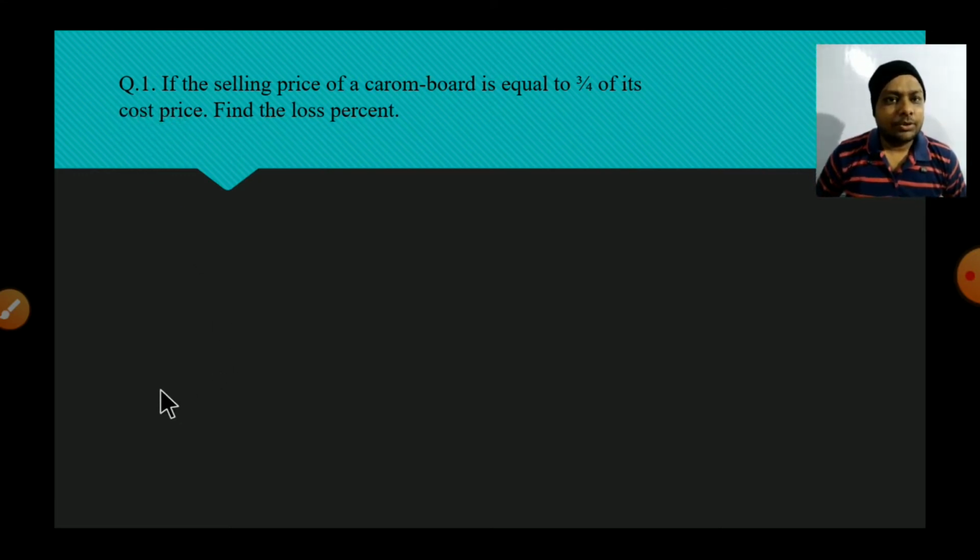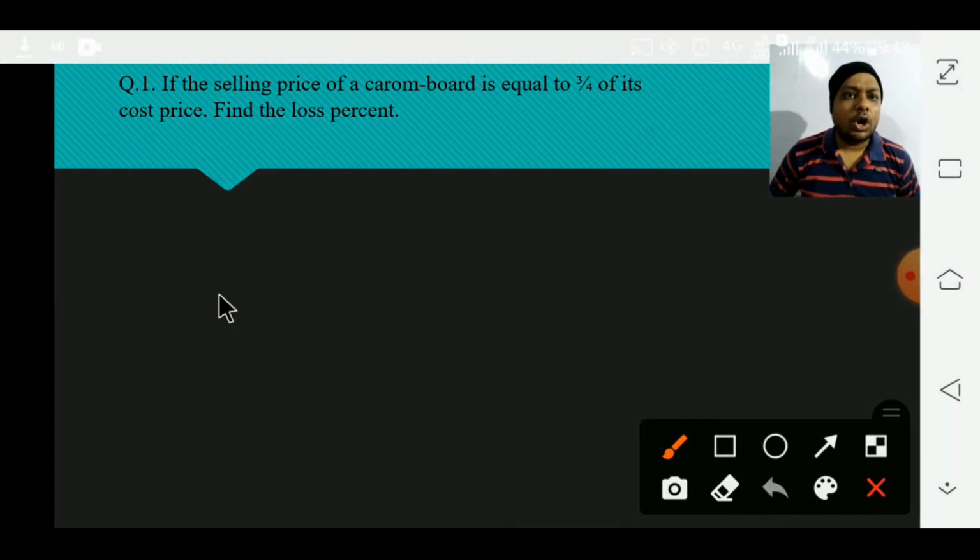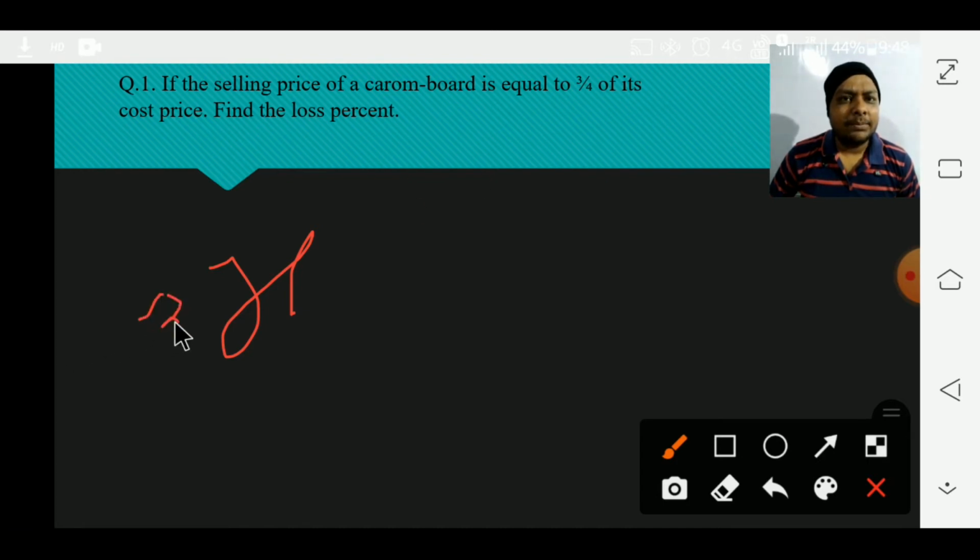Assume the cost price as X. Then what will be the selling price? It is clearly mentioned that the selling price of a carom board is equal to 3 by 4 of its cost price. It means we will multiply 3 by 4 with X. Then it will be 3X by 4. That will be the SP. X will be the CP and 3X by 4 will be the SP.